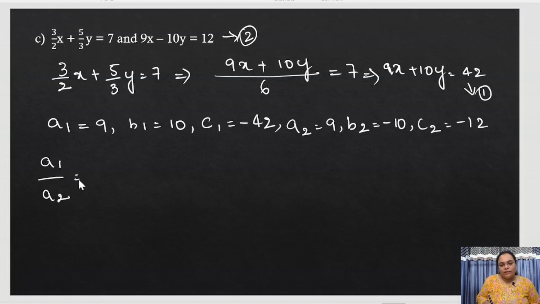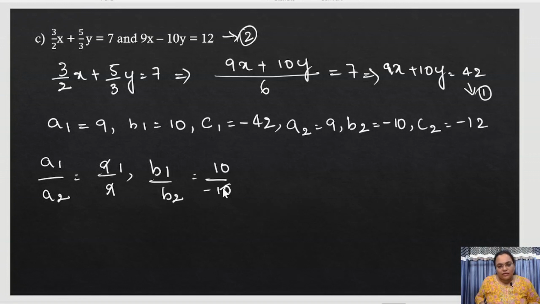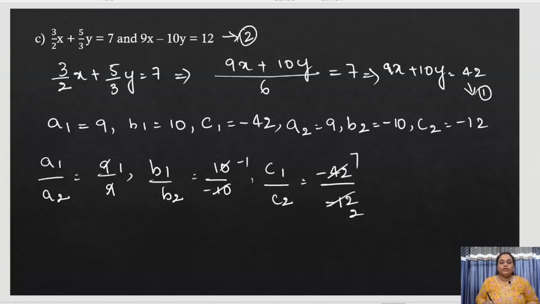A1 by A2 will be 9 by 9, which is 1. B1 by B2 is 10 by minus 10, which is minus 1. Okay. Then C1 by C2, which is minus 42 by minus 12, which is 7 by 2.